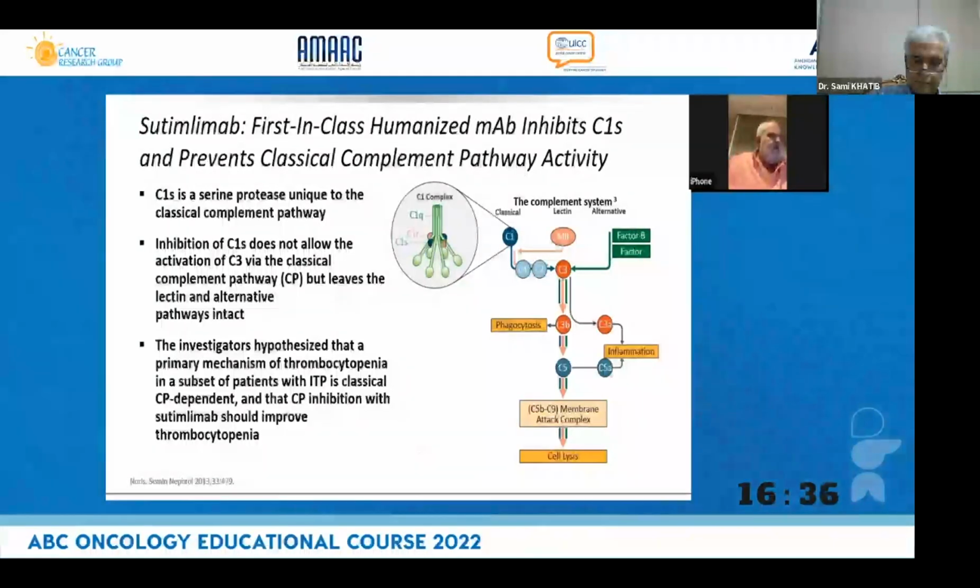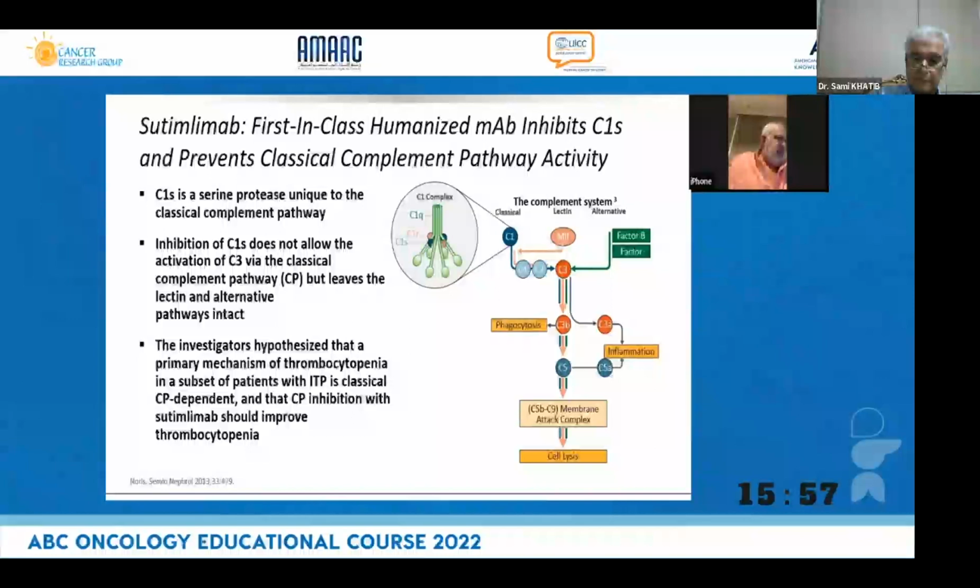Sutimlimab is a first-in-class humanized monoclonal antibody that inhibits C1s and prevents classical complement pathway activity. As I told you, C1s is a serine protease unique to the classical complement pathway, and its inhibition does not allow the activation of C3 via the classical pathway, but leaves the lectin and alternative pathways, the two other pathways, intact.